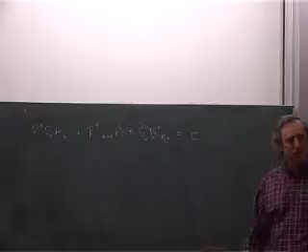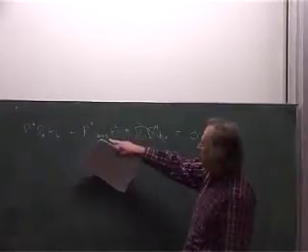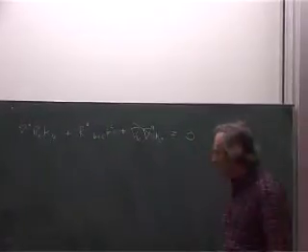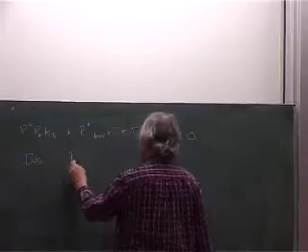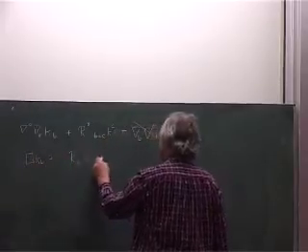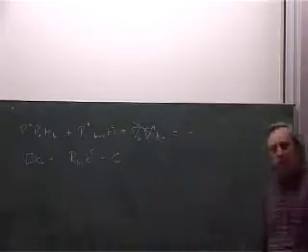So that thing is 0 by Killing's equation. This thing is really, however, just the Ricci tensor. So we end up with that.